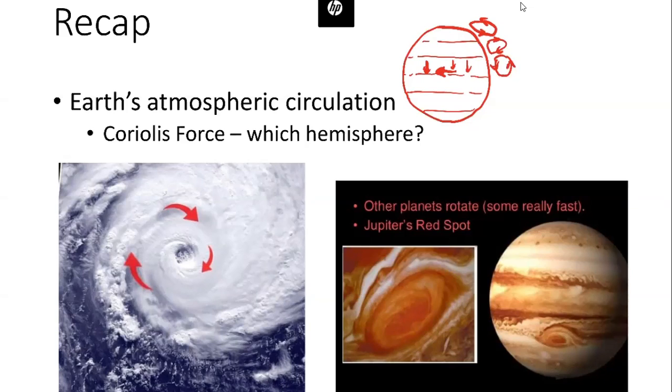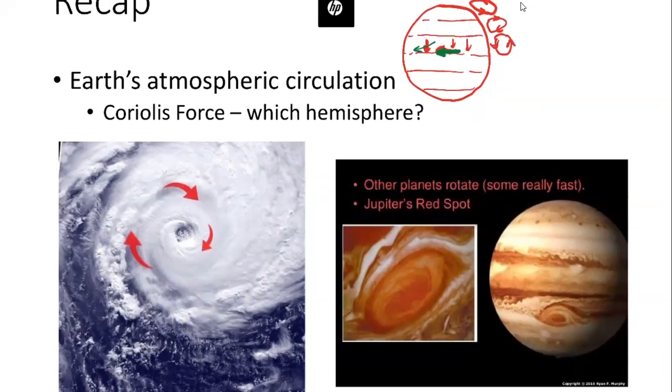Remember, because we're living in the northern hemisphere, we're always right, correct? So the wind is going to get diverted to the right, and then we're going to have the general wind pattern from east to west. We mentioned that there's an application of this Coriolis force, which is the direction of the hurricane here.